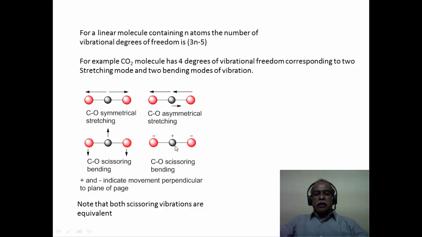Suppose you consider motions above and below the plane of the paper, in other words, the 2 oxygens go below the plane of the paper and the carbon comes above the plane of the paper, this is also another scissoring mode. Both these vibrations are equivalent vibrations, except they occur in 2 different planes. So these are the 4 degrees of vibrational freedom or the normal modes of vibration for a molecule like carbon dioxide.